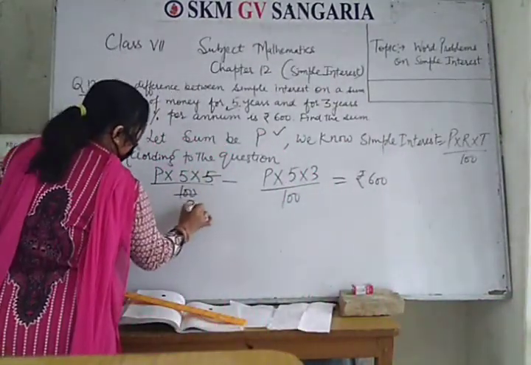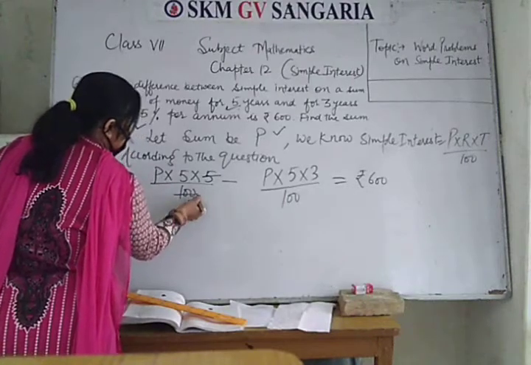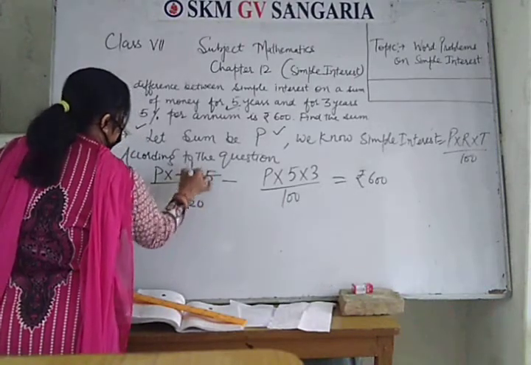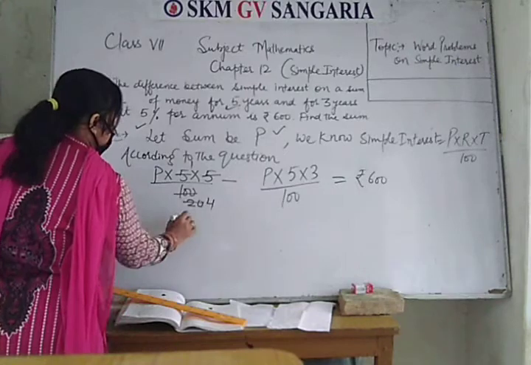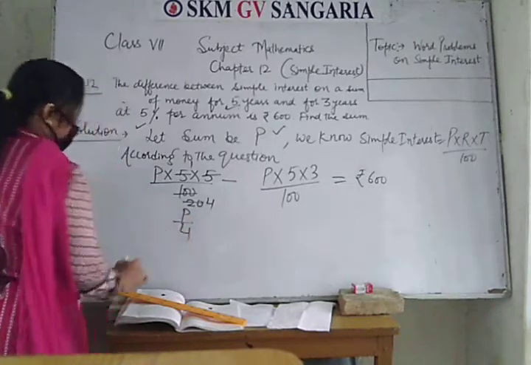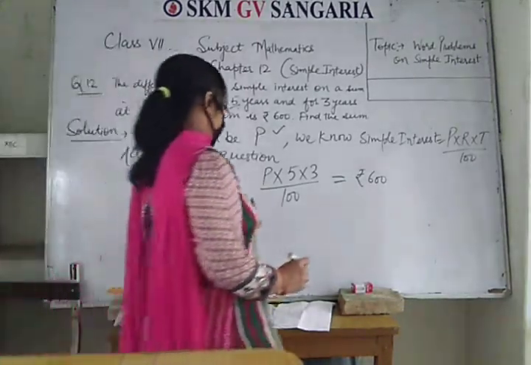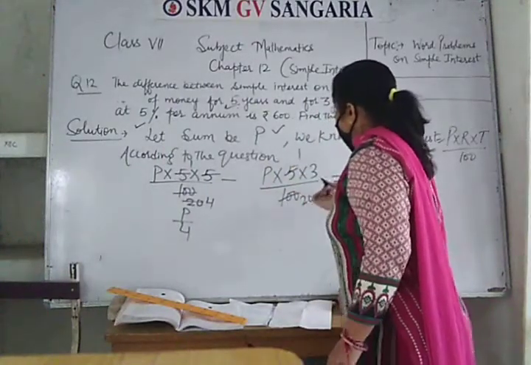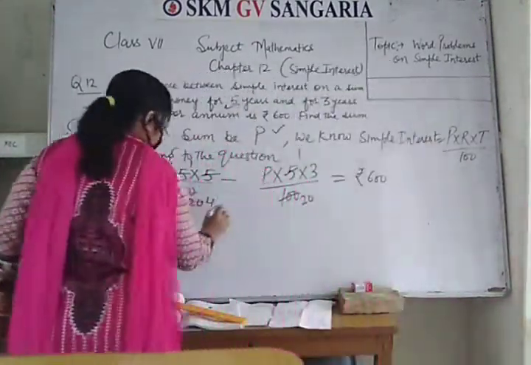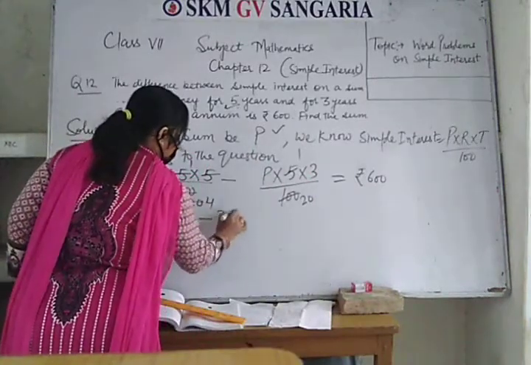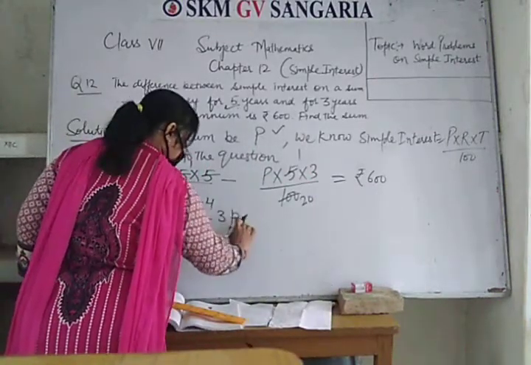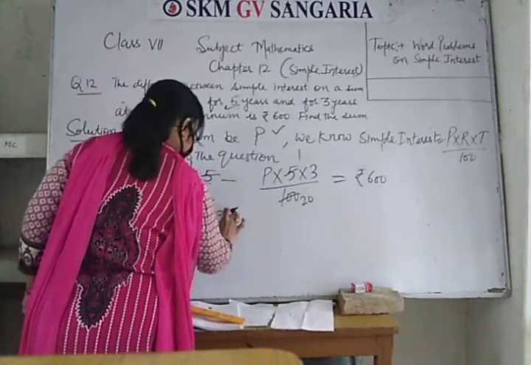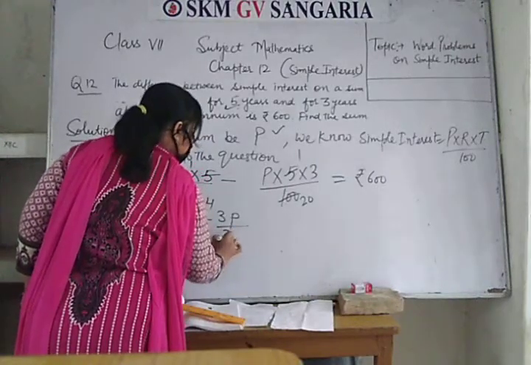Simplify: 5 ones are 5, 5 to the 10 and 0 as it is. 5 1 5, 5 4 20. It is P upon 4. Then it will be simplified. 5 1 5, 5 to the 10 and 0 along with it. And it will become 3P divided by 20.